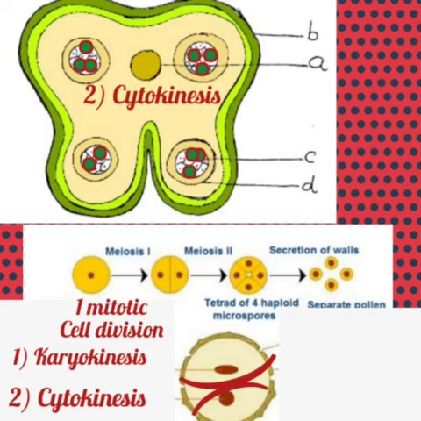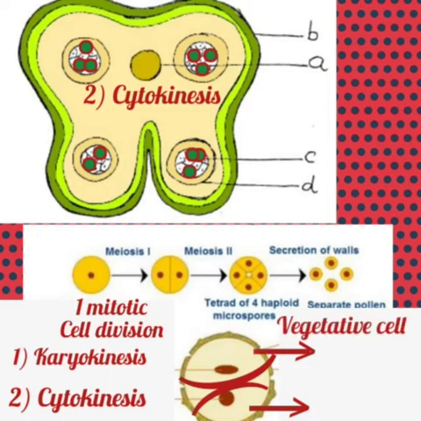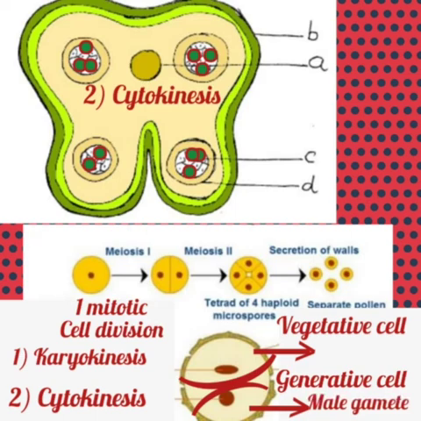After cytokinesis, we get one larger cell and one smaller cell. The larger cell is known as the vegetative cell, which does not take part in reproduction, and the smaller cell is known as the generative cell. This cell is the one that will give rise to the pollen tube.